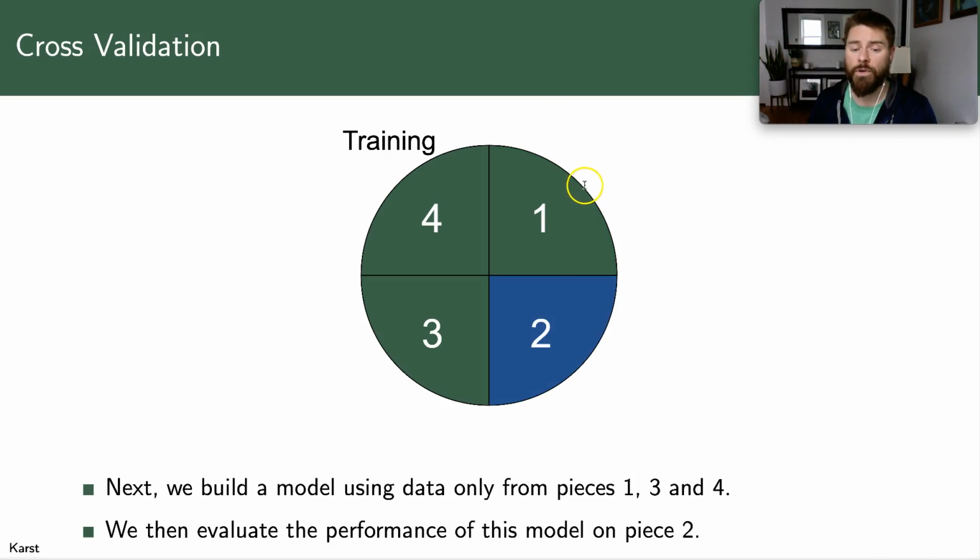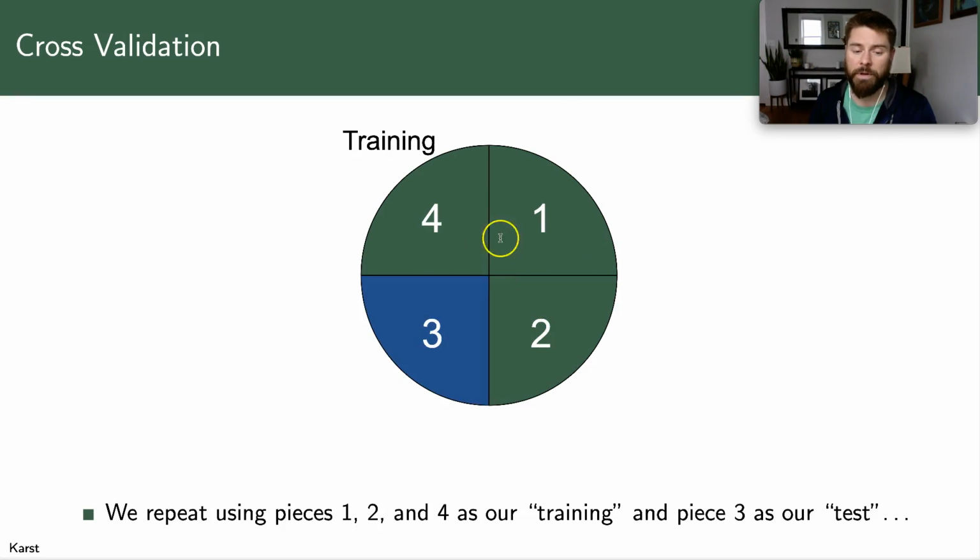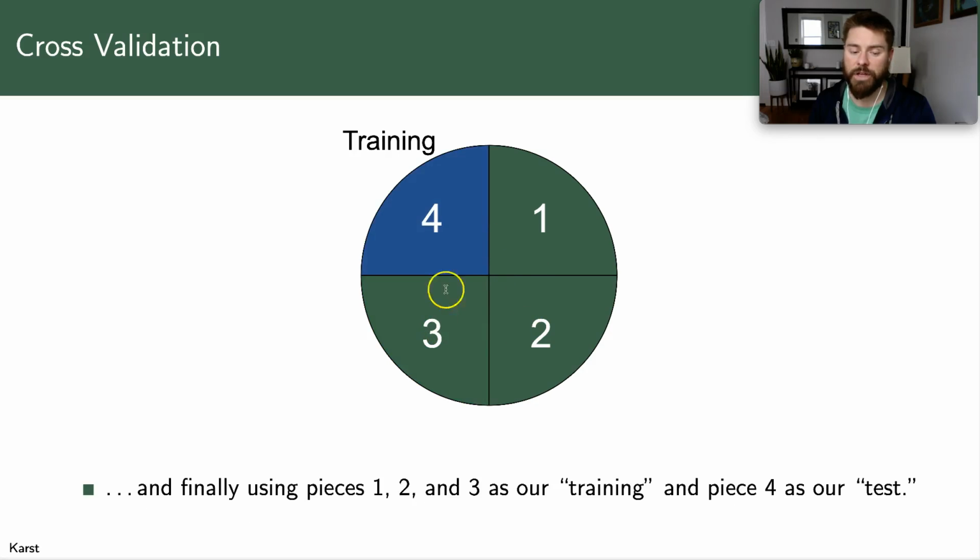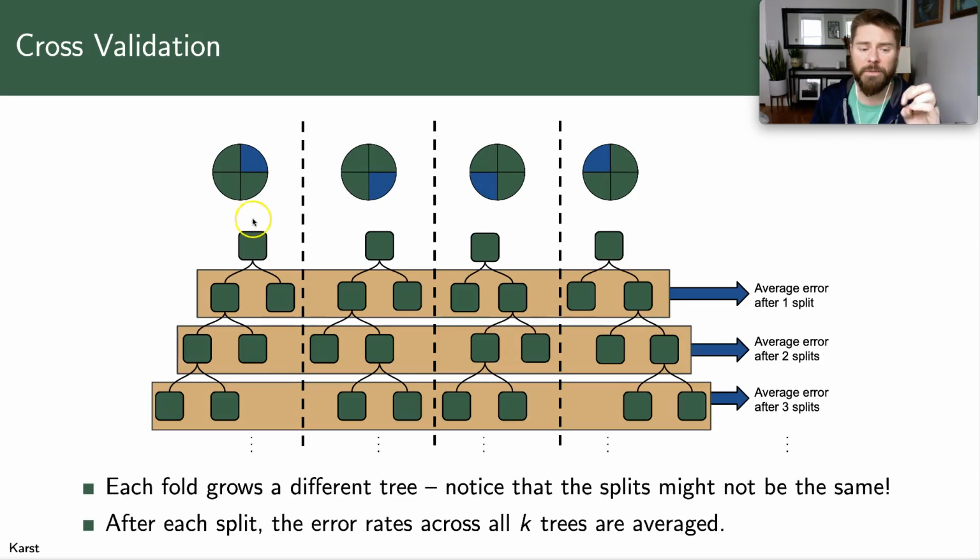We do this over and over again. We build on 1, 3, 4, we apply to 2. We build on 4, 1, 2, we apply to 3. And we build on 1, 2, 3, and we apply to 4. Now, why are we doing this? Why are we spinning this validation partition around across all of the different segments here? What's the deal? Well, here's the idea. Each one of these pieces is going to be noisy.